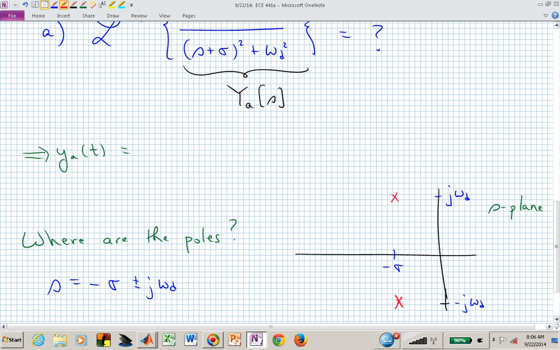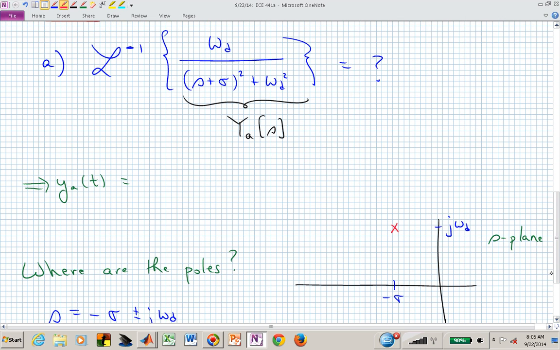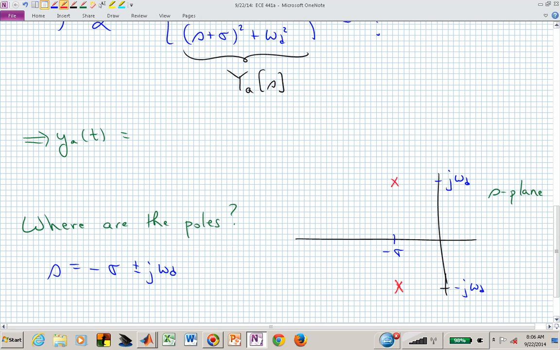I've sort of hidden the numerator, which is helpful in inverse Laplace transforming. Hopefully, when you see two poles that are complex conjugates in the left half plane, a distance minus sigma, that's now your decay rate on your exponential.